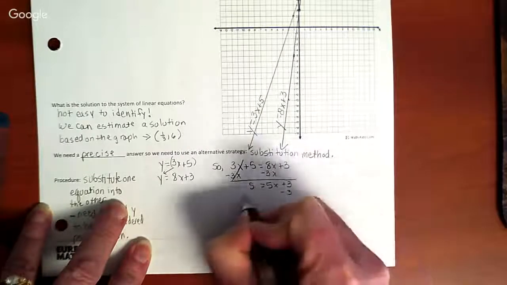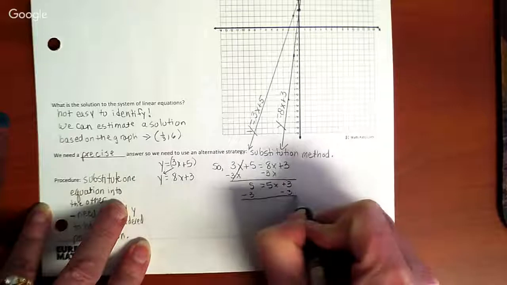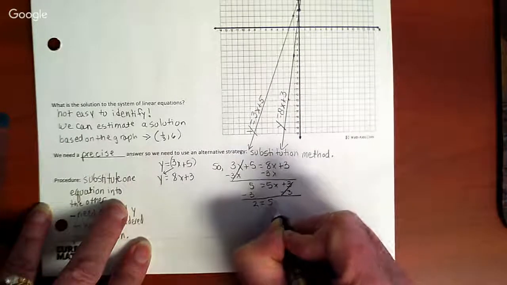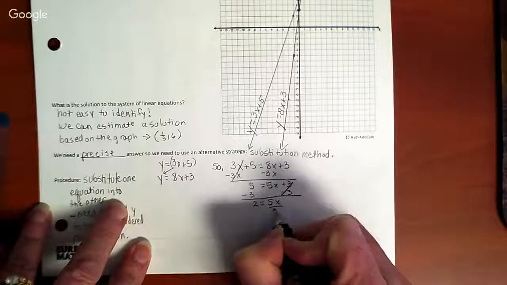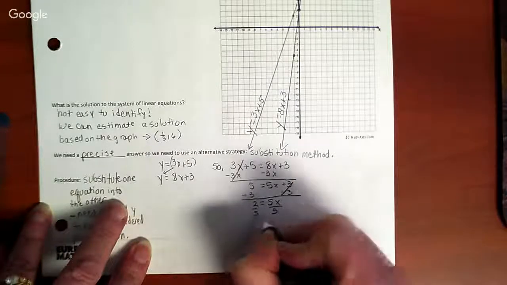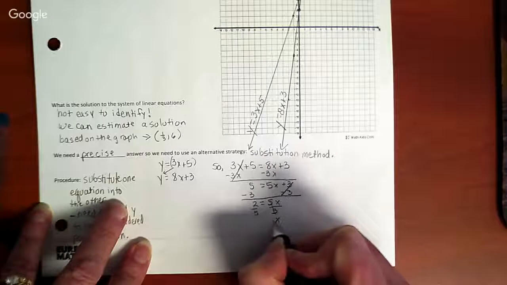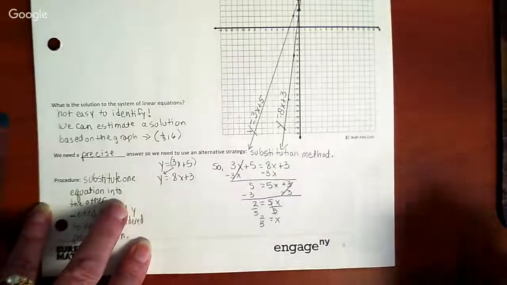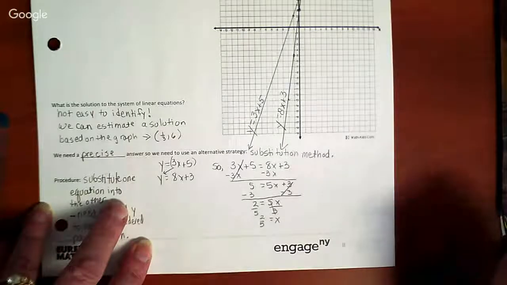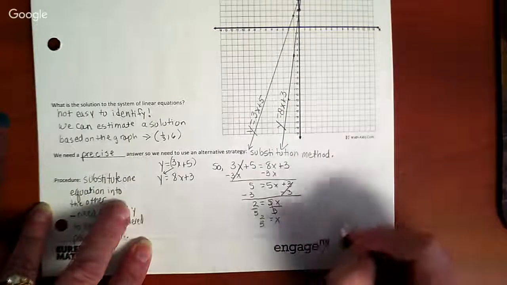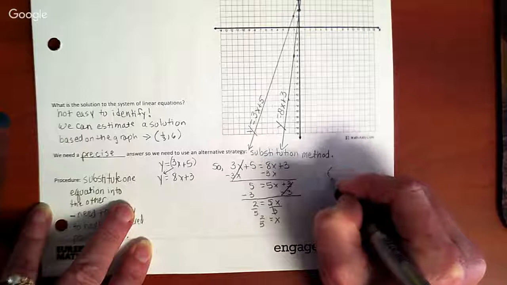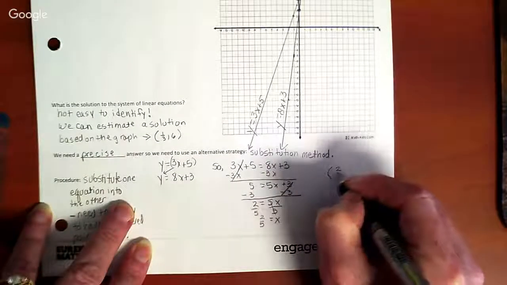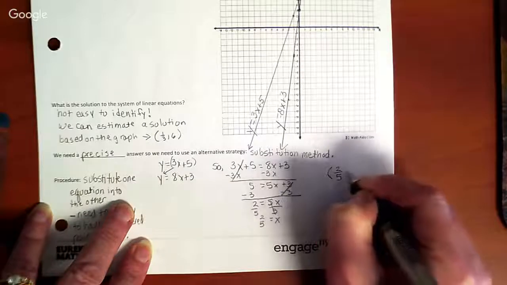Subtract 3 from both sides. We have 2 equals 5x. Divide both sides by 5, and we have x equals 2/5. So our x in this set of equations is 2/5.